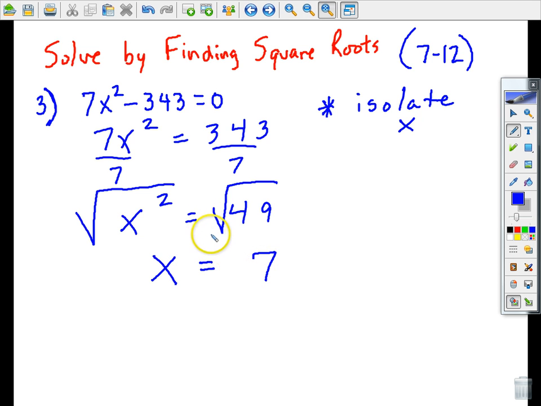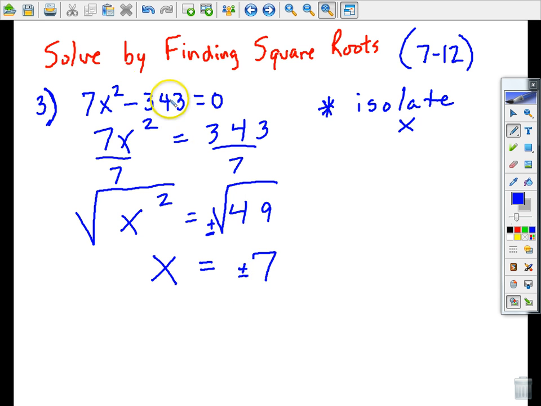I've only written 1. So here's what I want you to do to drill this, because it's easy to forget. Anytime you take the square root of both sides of an equation, like we've done here, I want you to include plus, minus. So there's a couple of things that we're going to try to do to prevent this very common mistake.